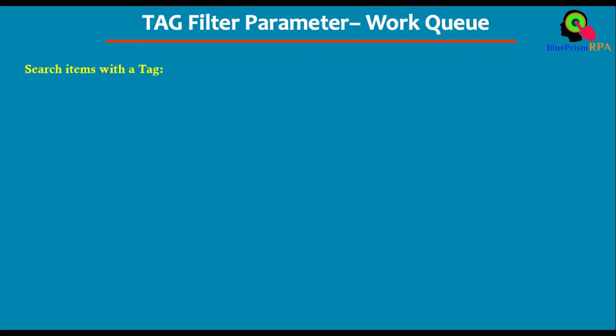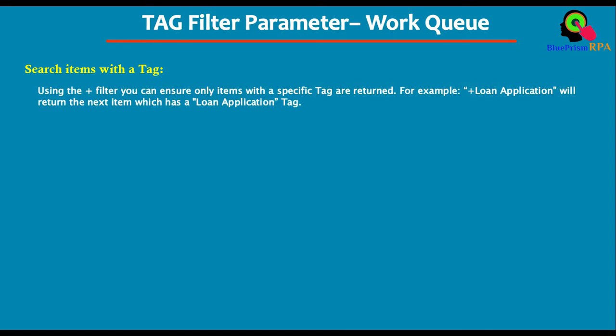First, search item with a tag. You can use the plus filter. Using the plus filter, you can ensure only items with specific tags are returned. For example, if you enter plus and any tag name like loan application, as you know, in the previous video we took an example of loan origination which has 7 stages.